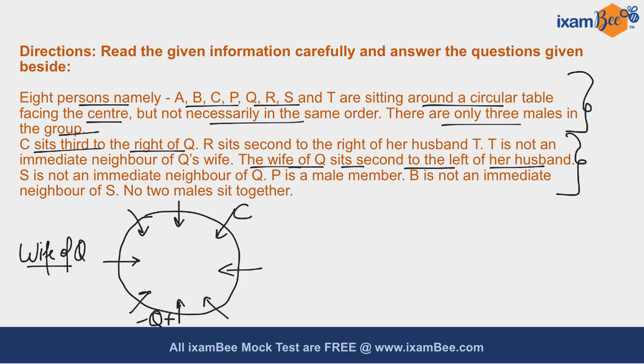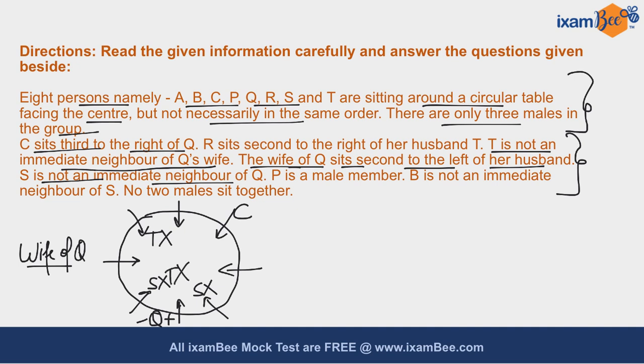Now it is given to you that S is not an immediate neighbor of Q. So you can't place S over here and S over here. Also, T is not an immediate neighbor of Q's wife. So you can't place T over here and T over here.